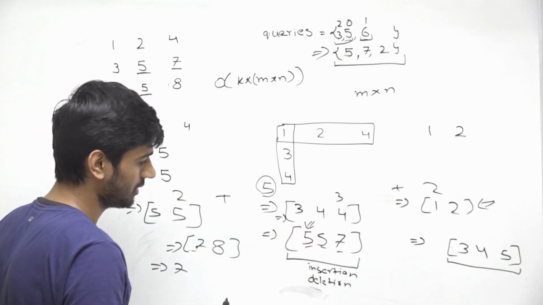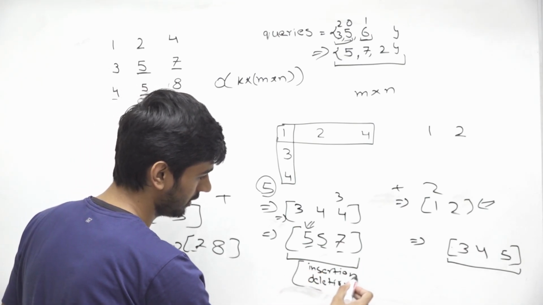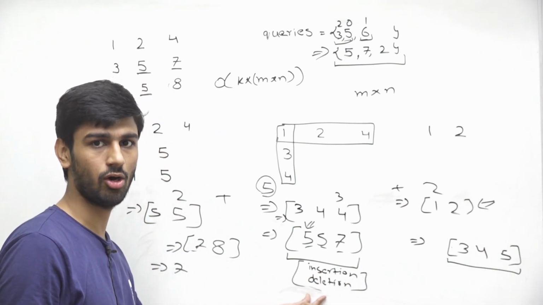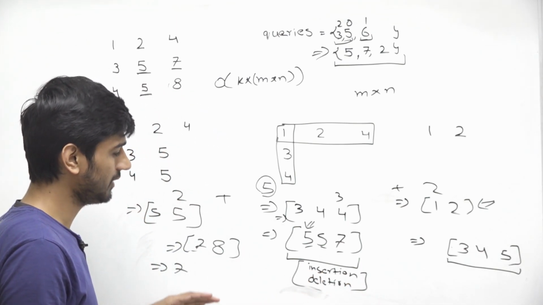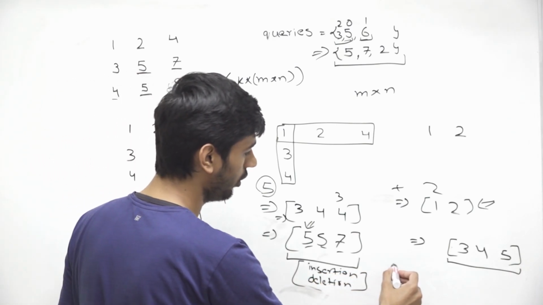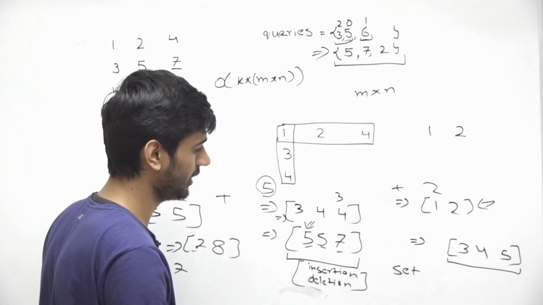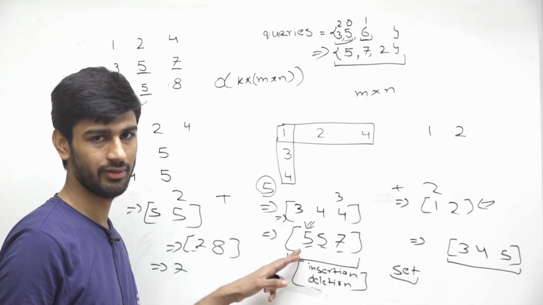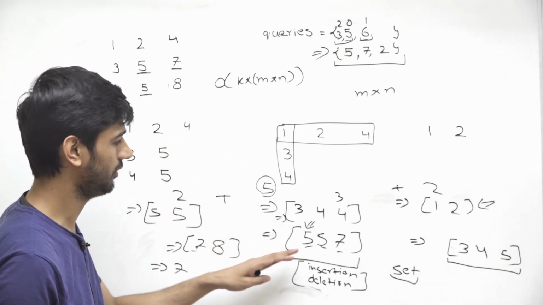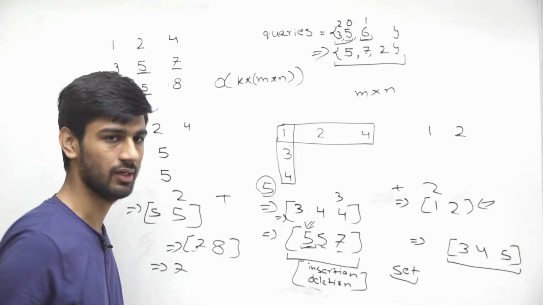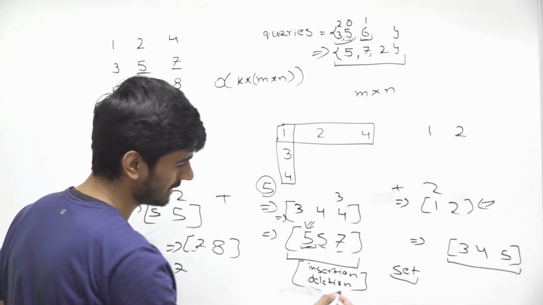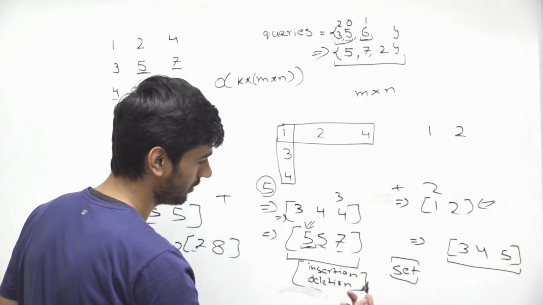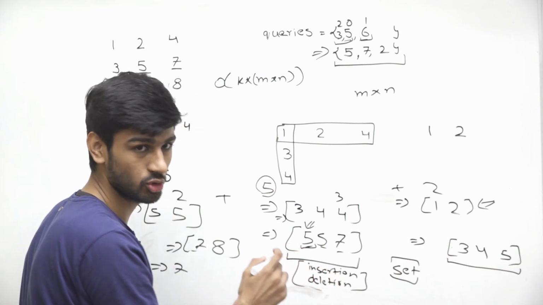So what data structure can give us a sorted order and can also give us these functionalities in an optimal way? So can we say that we can use a set, an ordered set, right? We can use set or map. Set will be better because we just want to store one value. Actually we'll have to store 3 values, but for now we can just assume that we will have to store one value. Okay, cool. And in set there is a property that every key should be unique, right?